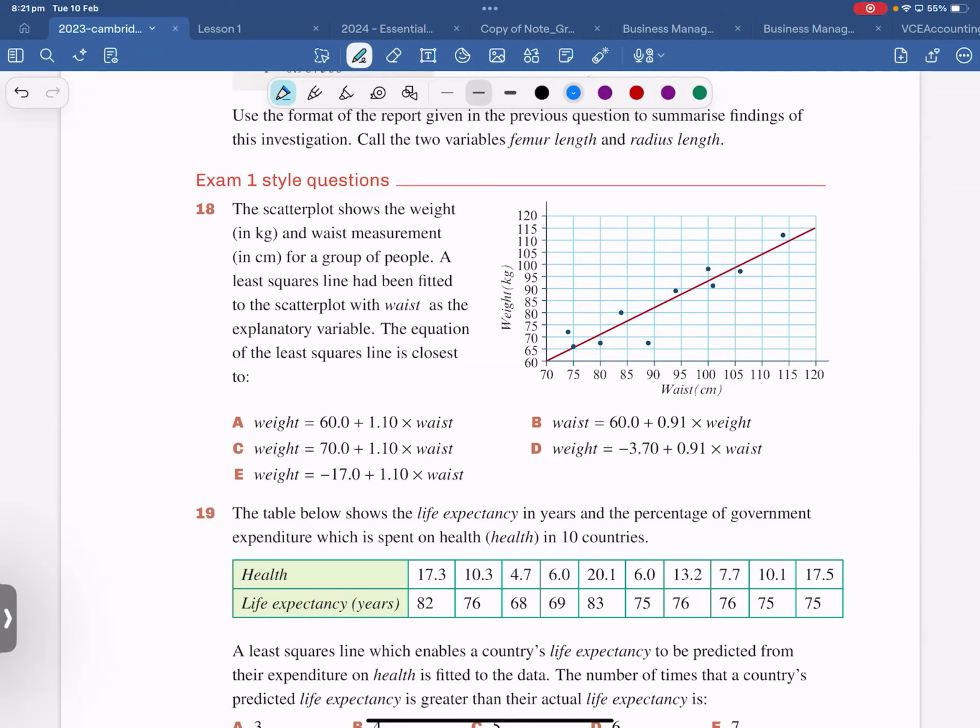Any other answers? Who is saying B? Akan and Krishan.